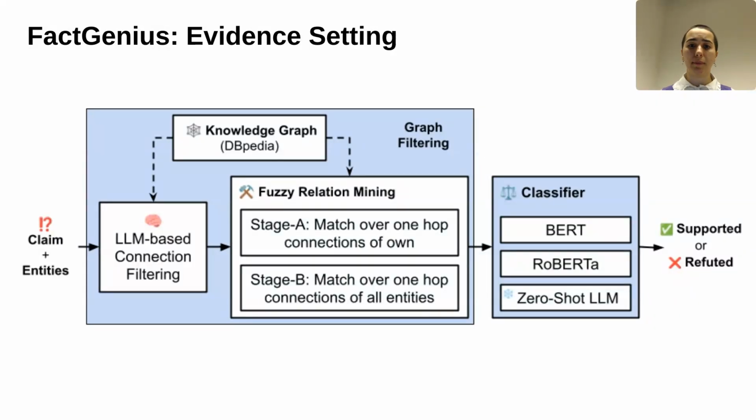Because these knowledge graphs can be very, very large, so we want to select a small subgraph that we can use for the particular example we're looking at. So that's the first component, the component that does this selection. And then we have a simple classifier that will just be taking in some textual input and predicting whether the claim is supported or not.